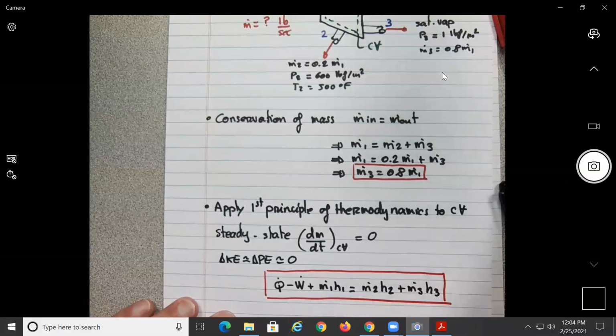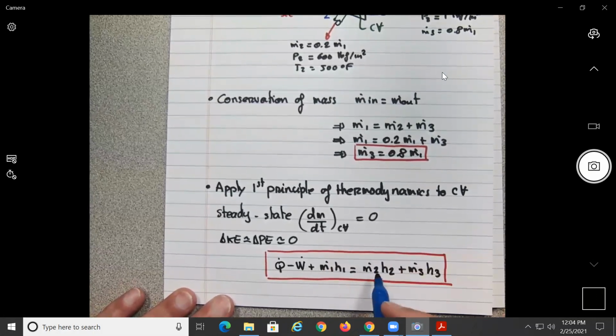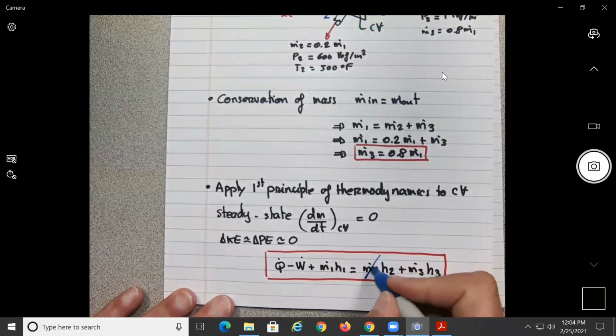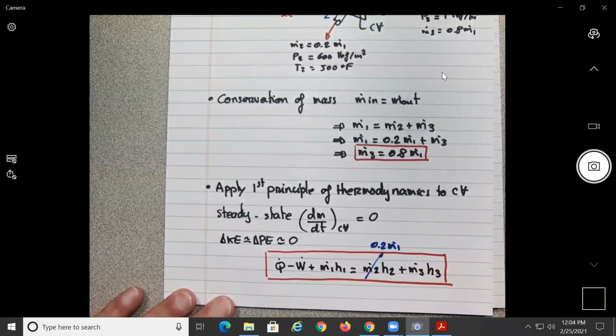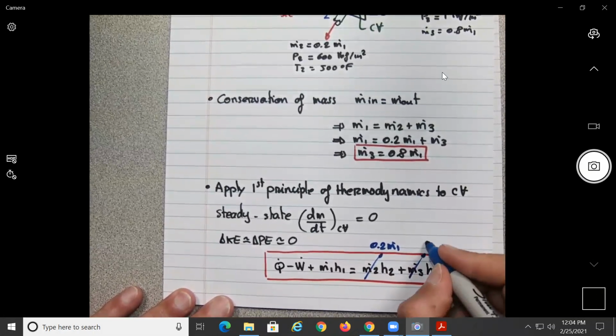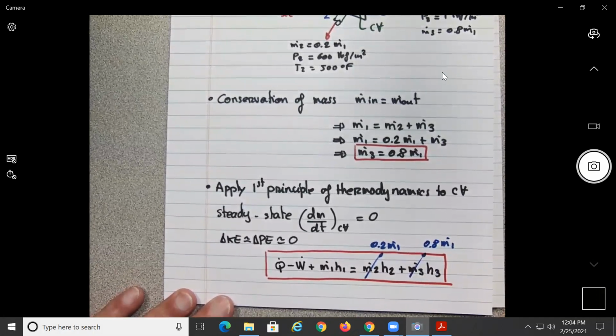Alright, so now that equation, let me do it here, that way I don't have to write it on the next page. What do we know about m2? It will be 0.2 m1. What do we know about m3? It will be 0.8 m1, no?